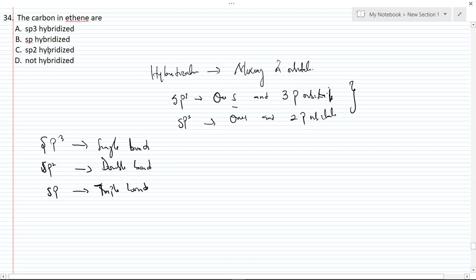So in this case now, it's pretty much saying the carbon in ethene. Ethene is an alkene. Alkenes are known for their double bonds. And the structure of ethene is actually given as CH2 double bond CH2.